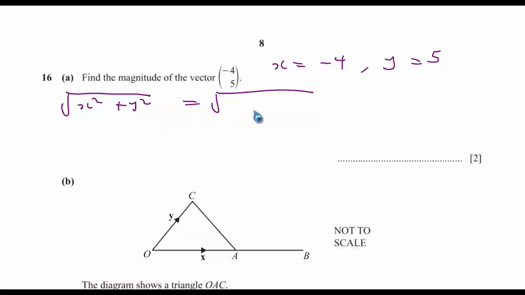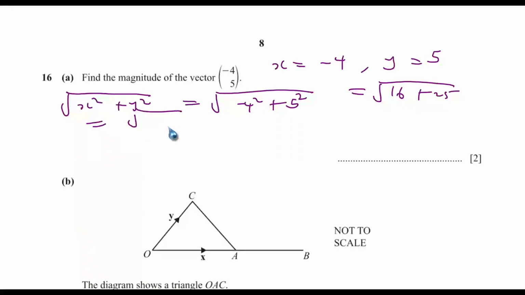This implies that the square root of (-4) squared add 5 squared. (-4) squared is 16, then add 5 squared, I omitted the square here, that will be 25. So that will be equal to the square root of 41, and that is the same as 6.40.